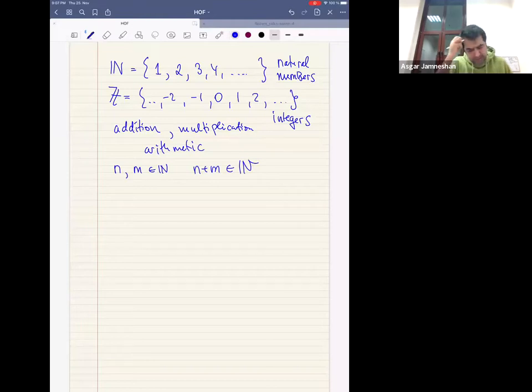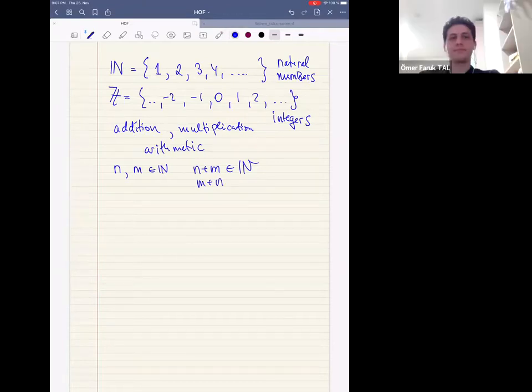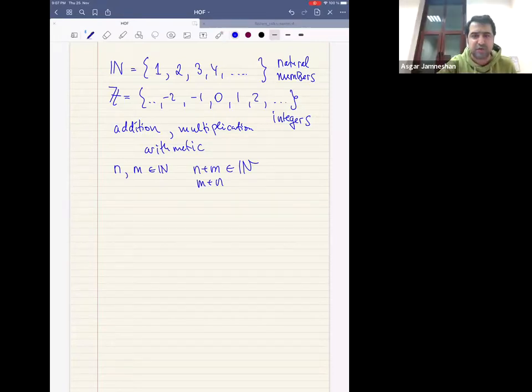And somehow it doesn't matter if we first add m to n or we add n to m. Okay, there seems to be already a question. So here we exclude 0 from the natural numbers, but you can also consider 0 as a natural number. It depends on the context.